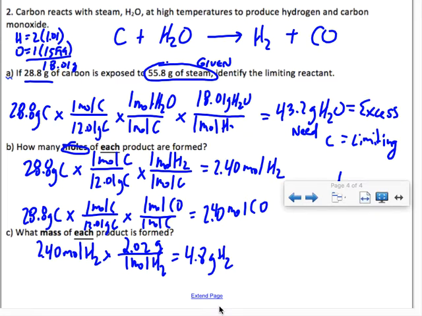Now, for carbon monoxide, I have 2.4 moles of CO. To go from moles of CO, I got to multiply by the molar mass of CO. Carbon is 12.01, and I add that to 15.99, and I get around 28 grams as my molar mass.